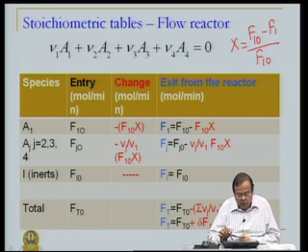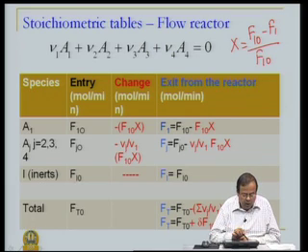For the sake of argument, and because in the ethylene example there was steam, and steam is like an inert, if I had inerts coming in at a rate F10 changed, F1 equal to F10, that is, inerts do not change. So, the number of moles of inerts coming in and going out are the same, there is no change.